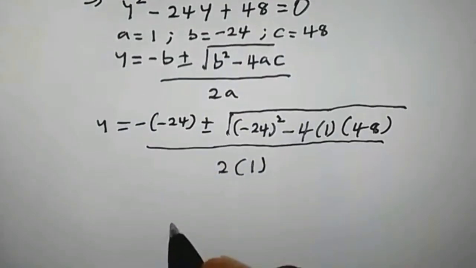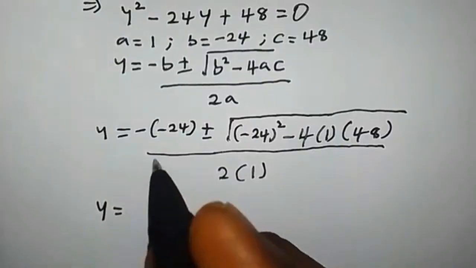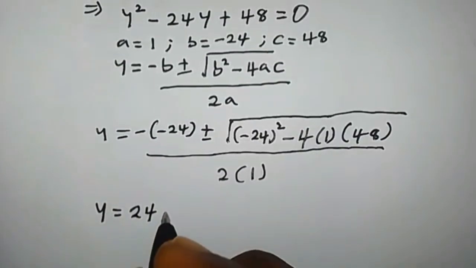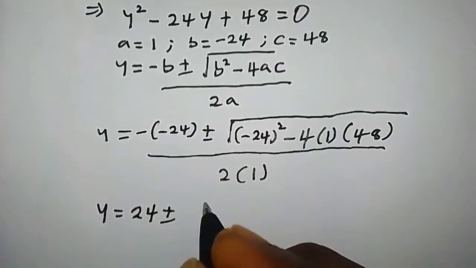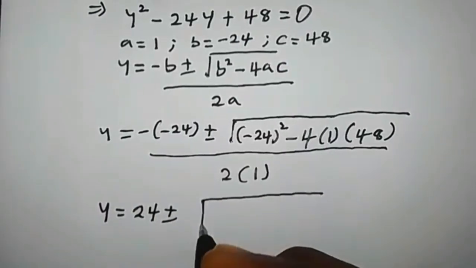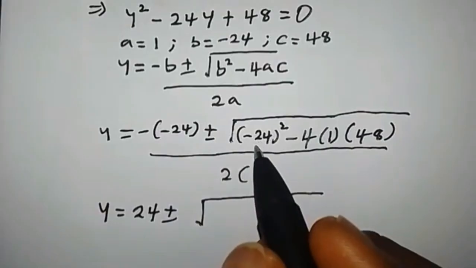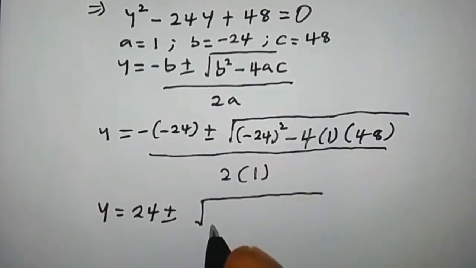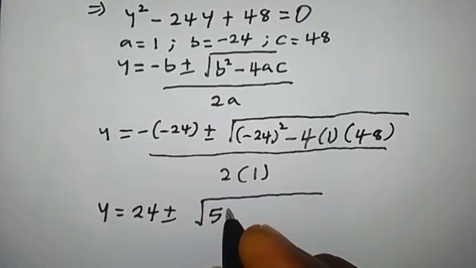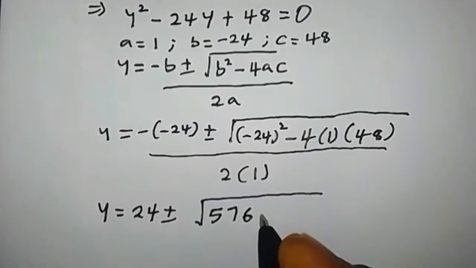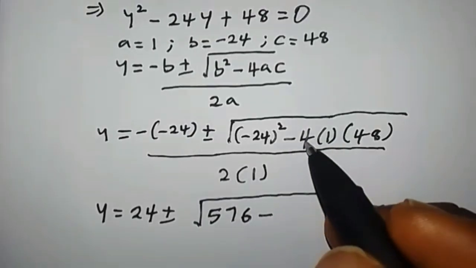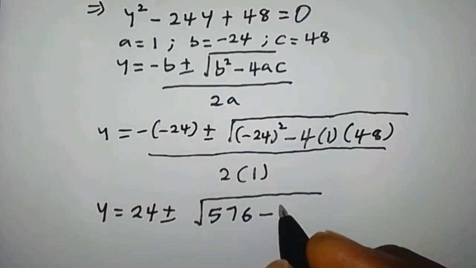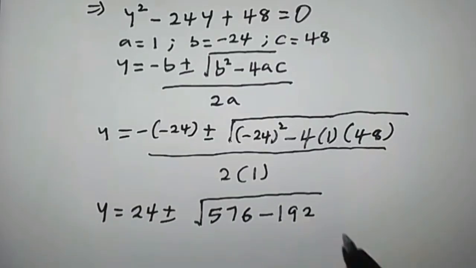Y equal to minus times minus 24, that is plus 24, plus or minus square root of. If you plug this into your calculator, minus 24 all squared, that is 576 minus 4 times 1 times 48, that is 192.